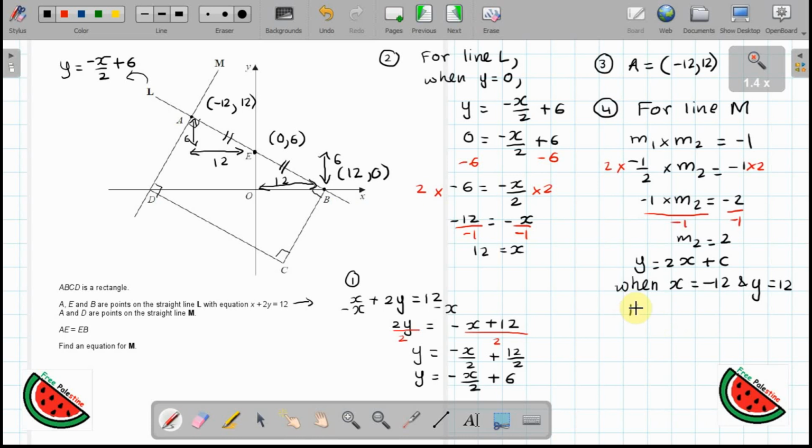So 12 equals 2 times minus 12 plus c. It's minus 24 plus c, so add 24 both sides. c is 36. So your final equation is y equals 2x plus 36.